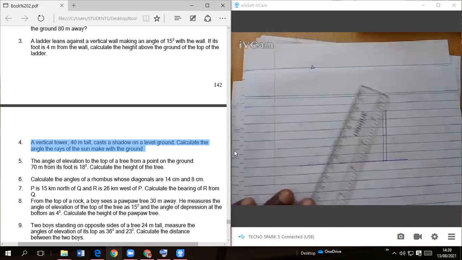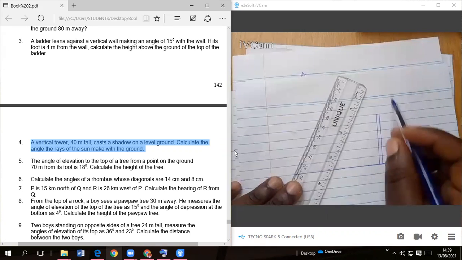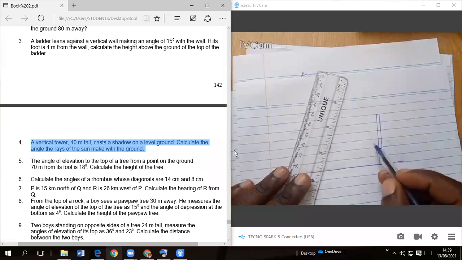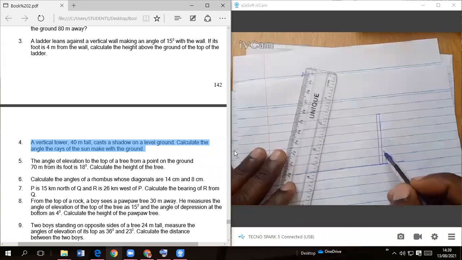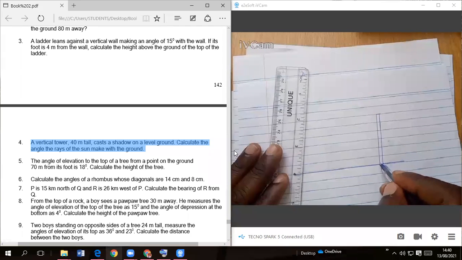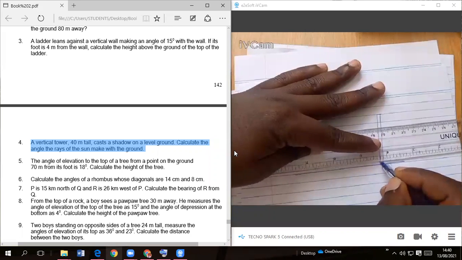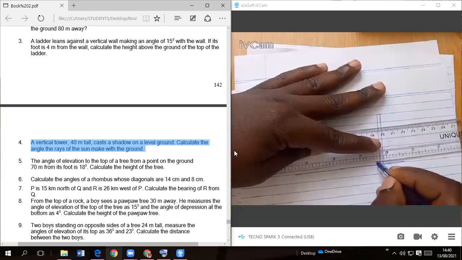If there is the sun, that sun is going to make this building cast a shadow on the ground. So the shadow on the ground is also going to be 40 meters.